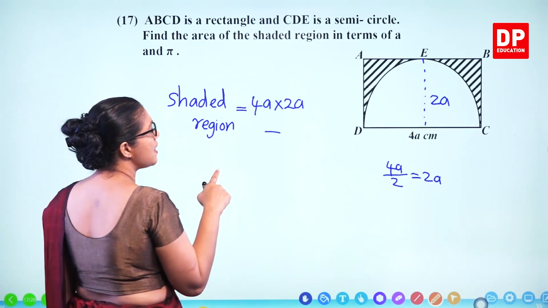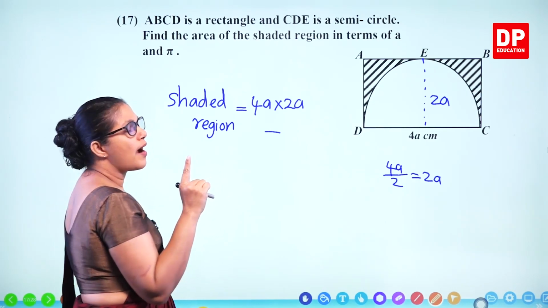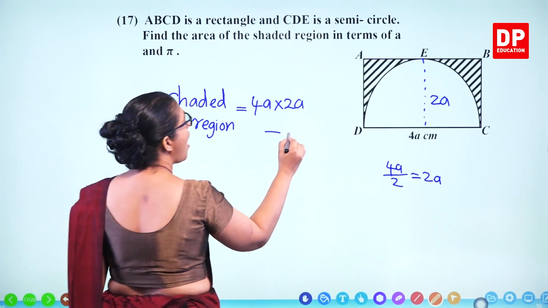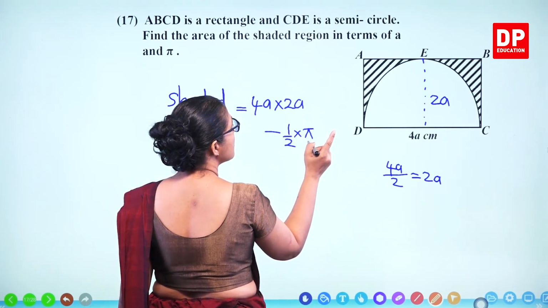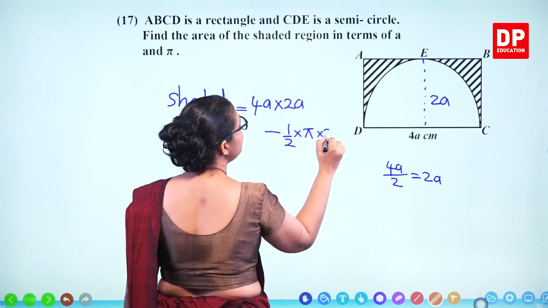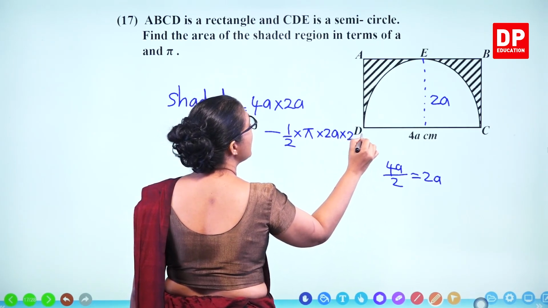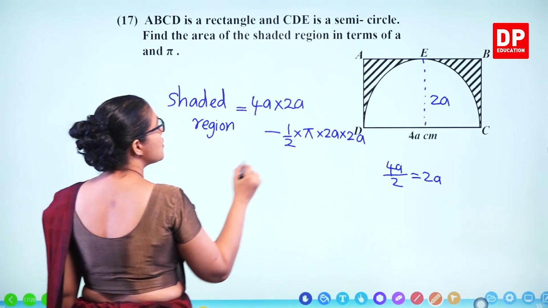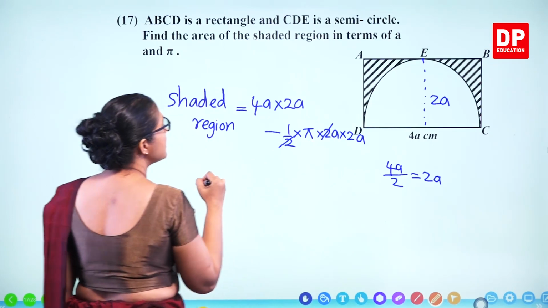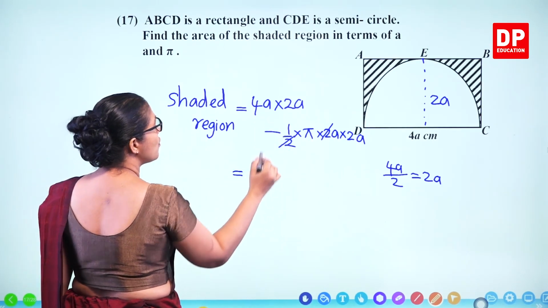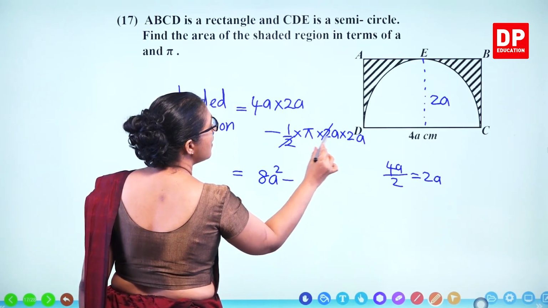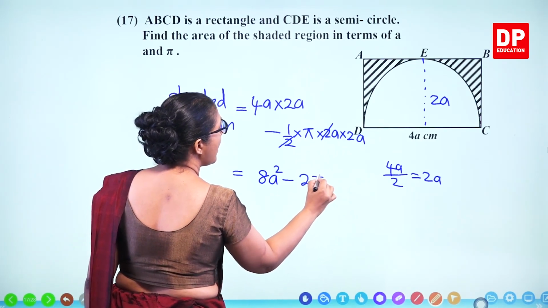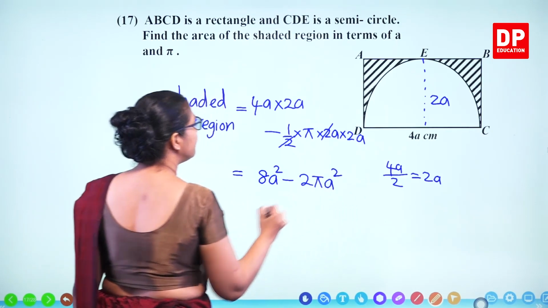So what's the area of the semicircle? Pi r squared divided by 2. Half pi r squared. r is 2a and another 2a. Now simplify, 2 and 2 get cancelled out. So here you get 4 times 2, 8a squared, minus 2 pi a squared.